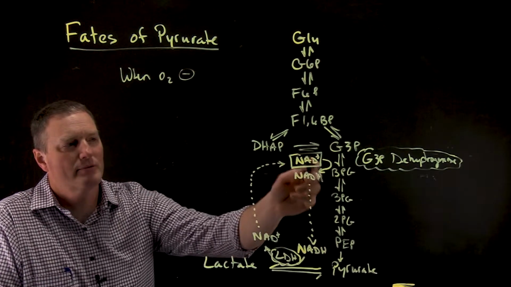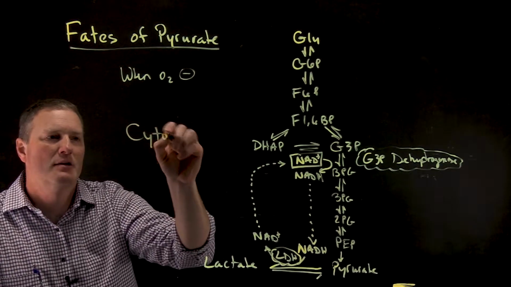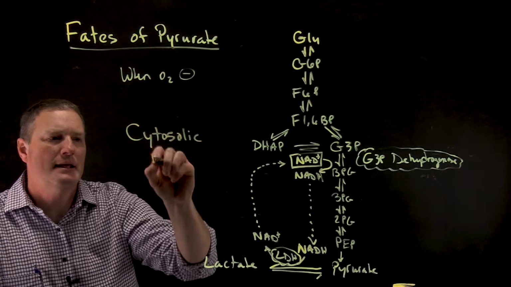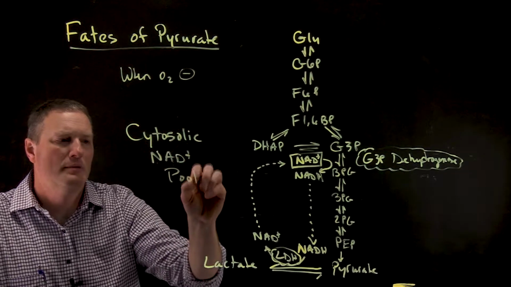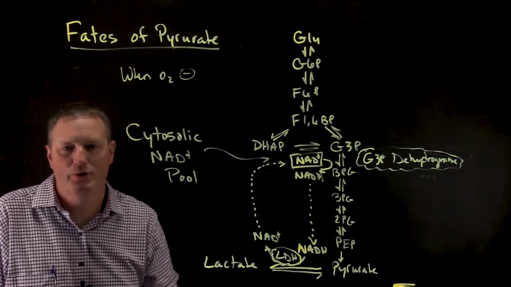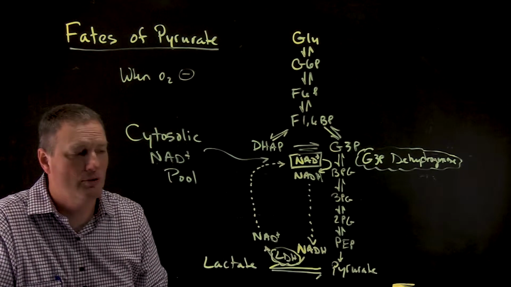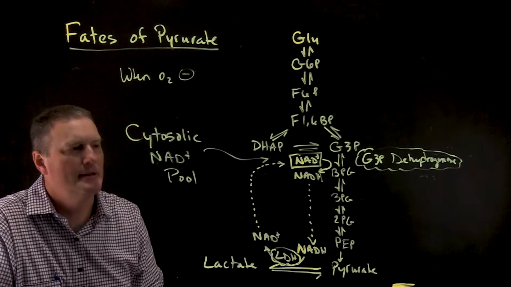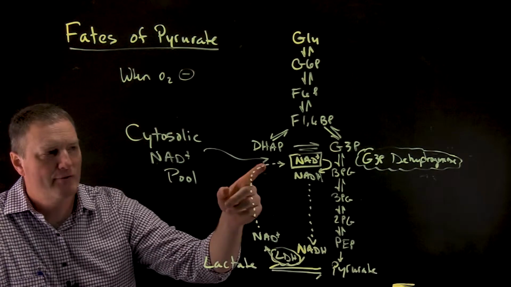So what this little area here is called, this is called the cytosolic NAD+ pool. That's right there. So in order for glycolysis to continue, there has to be a way to replenish that cytosolic NAD+ pool if oxygen is not present. And if LDH is functioning properly, this serves that function.